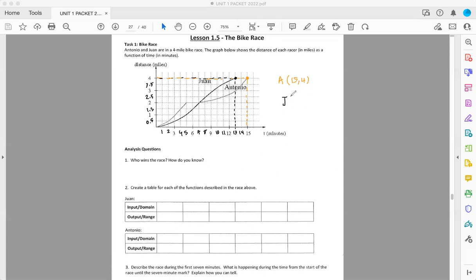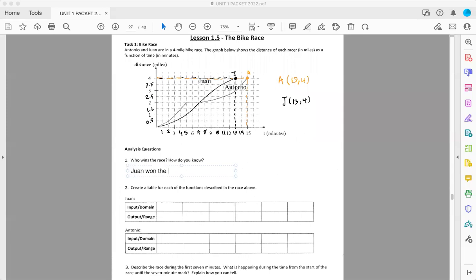I'm talking about this endpoint. If I call this J, and I'll call the other one A, then at this point, Juan has an ordered pair of 13, 4. Notice both of them have the same y. One has a shorter time, a lesser time by 2 minutes, which means that Juan completed the race faster.